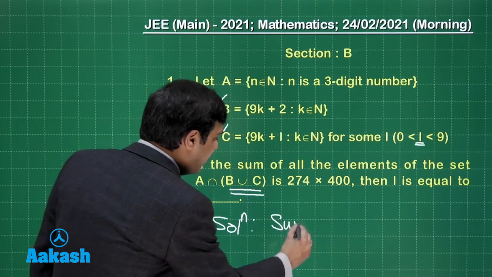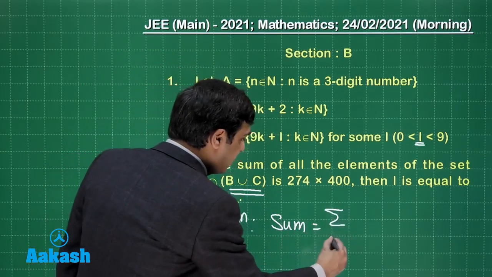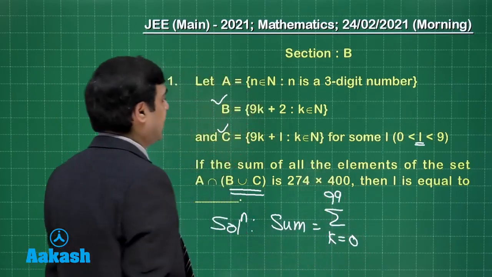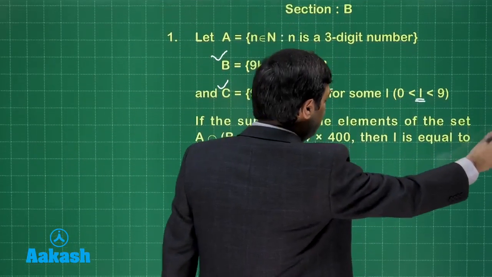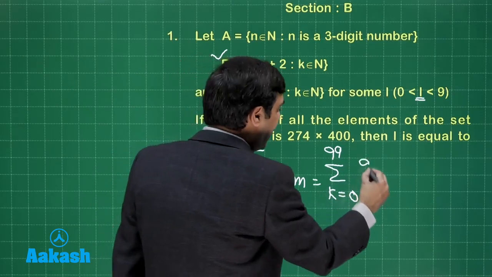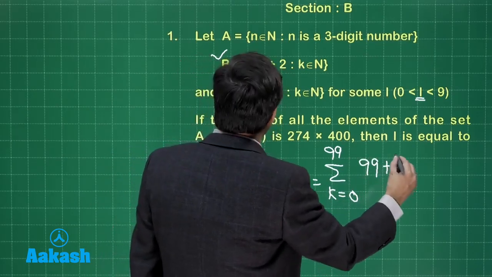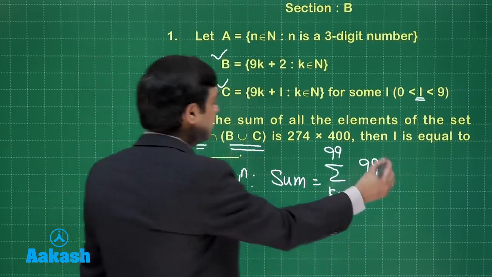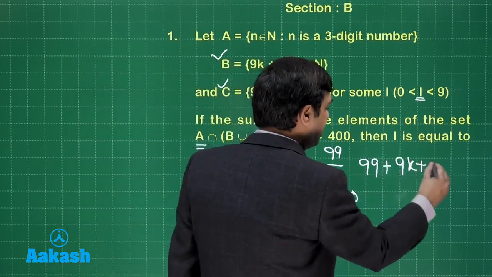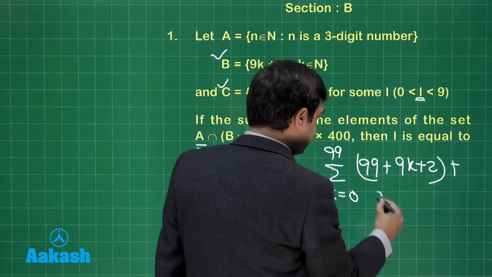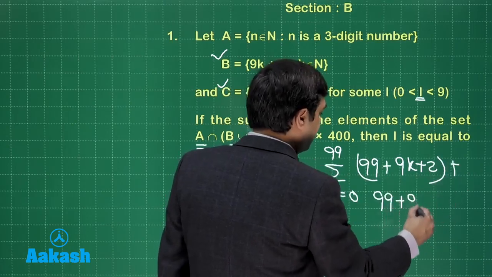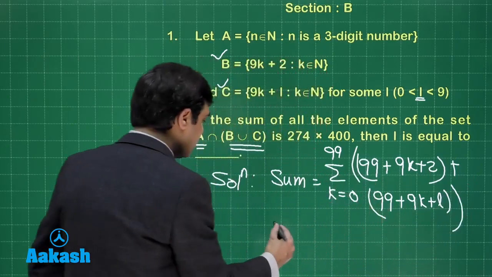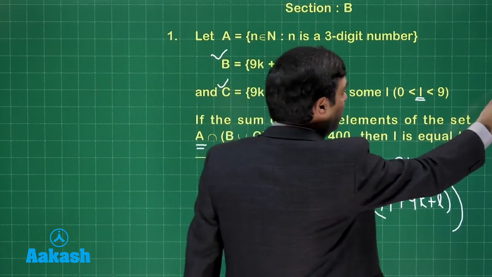So the required sum is equal to summation k equals 0 to 99, and here I can simply say, let's do one thing, add 99 so that this becomes a 3-digit number and you can get the intersection with A, correct? So this is 99 plus 9k plus 2, plus 99 plus 9k plus L, right? So just add it.